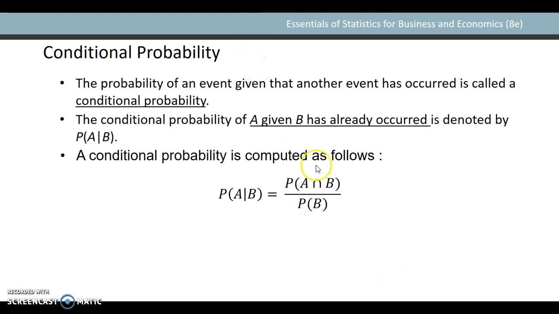So we would have 0.3, 30% of all customers buy insurance and a car from us, divided by 0.5, only 50% buy a car. 0.3 over 0.5 would be 0.6. So if you sell a car, there's a 60% probability that you should sell insurance to the customer as well, given that they bought a car. That's the important part.